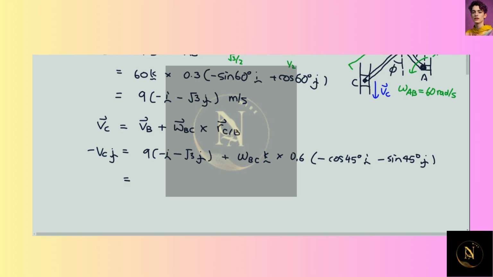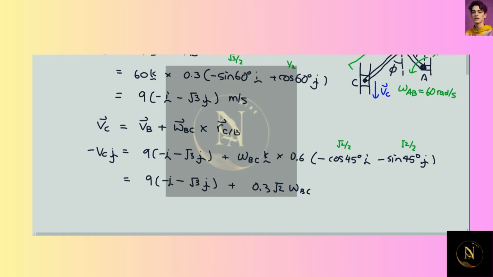So this is 9 times minus i minus root 3 j plus 0.6 times square root 2 over 2 and square root 2 over 2. This gives 0.3 root 2 omega BC, because 0.6 times half times root 2 times omega BC.